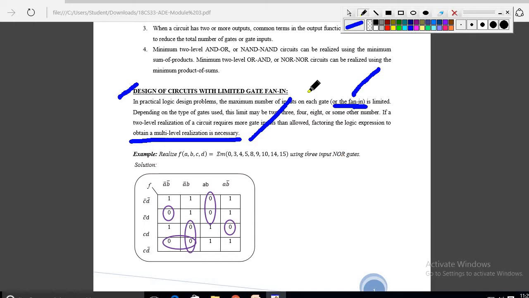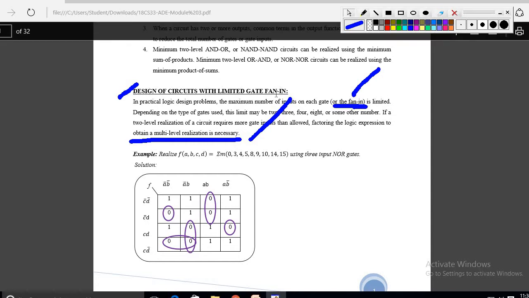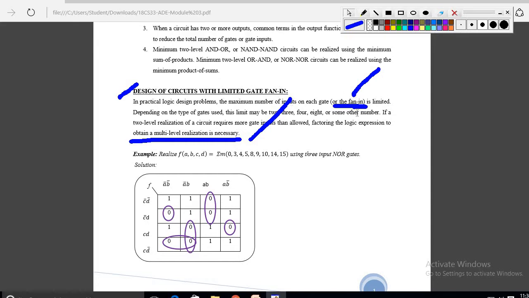So in designing a circuit with limited gate fan-in, we first have to reduce the number of gate inputs so that the fan-in is limited.